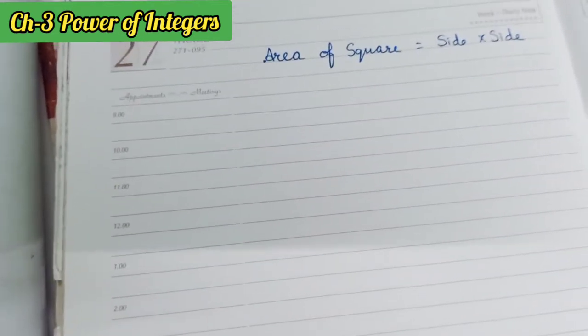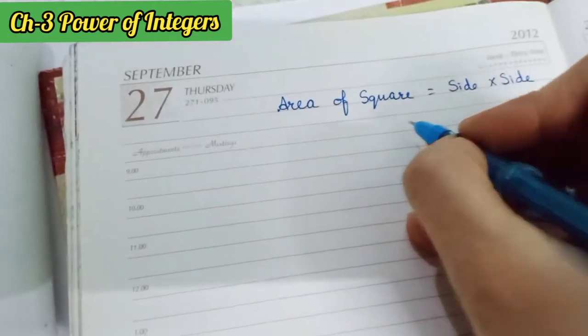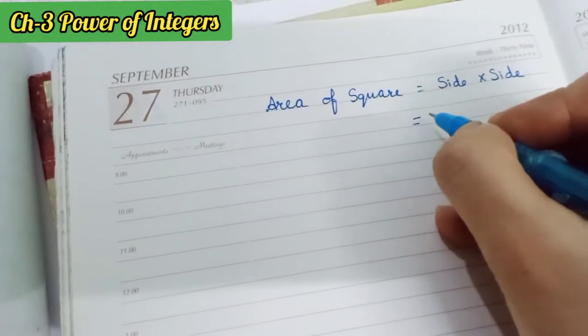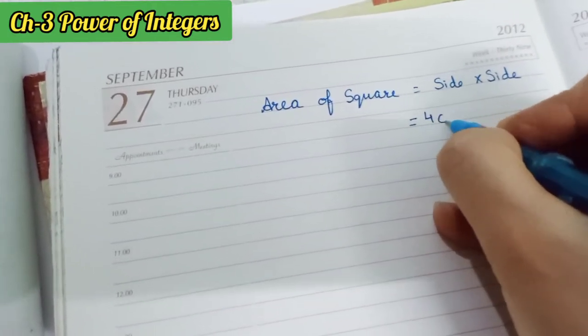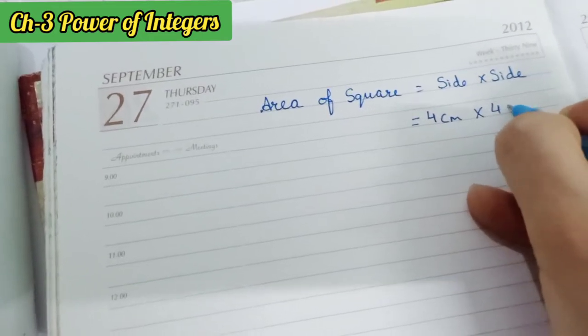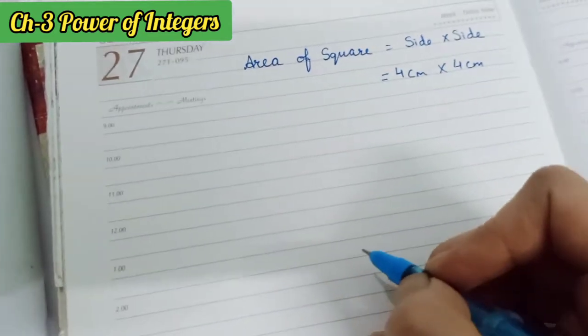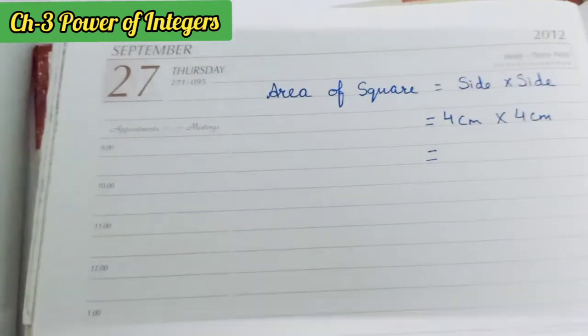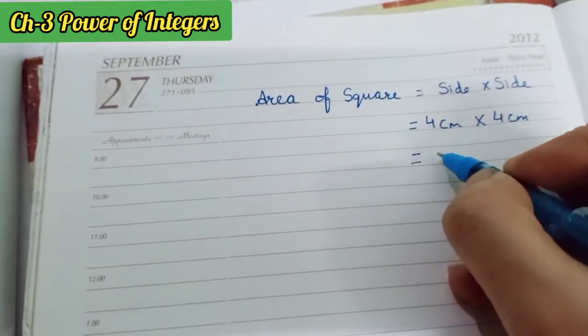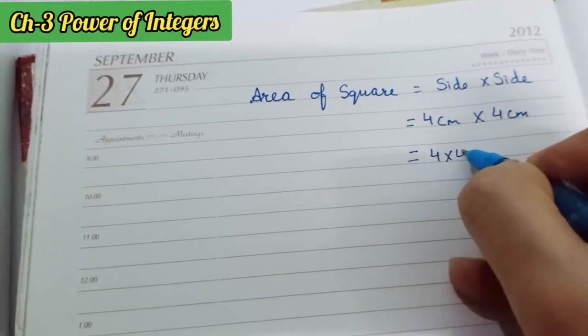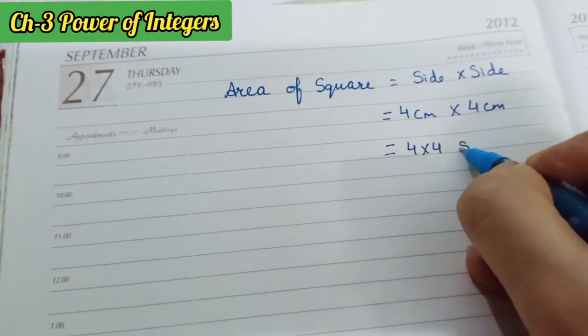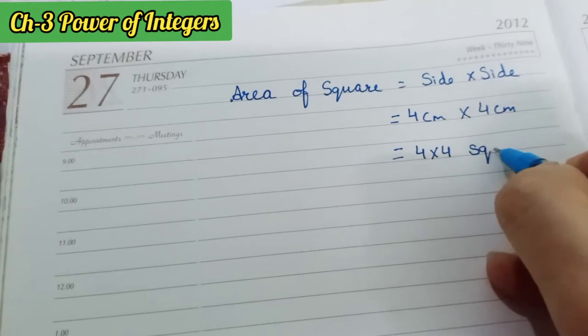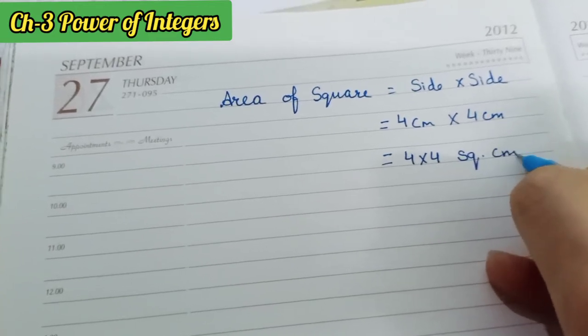Suppose side of square is 4 centimeter, then area of square will be 4 centimeter multiply 4 centimeter, and you multiply it, 4 multiply 4, and unit of area will be square, and then you will write centimeter.